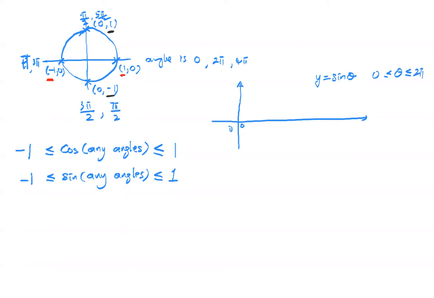And I want you to put your x scale as, when we do trigo, we will try to go by the 4 quadrants, pi by 2.